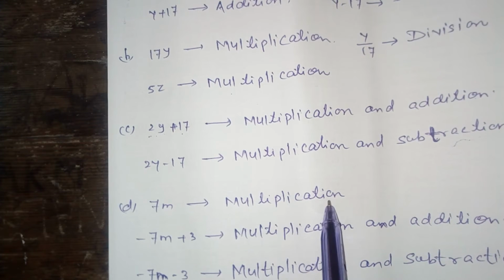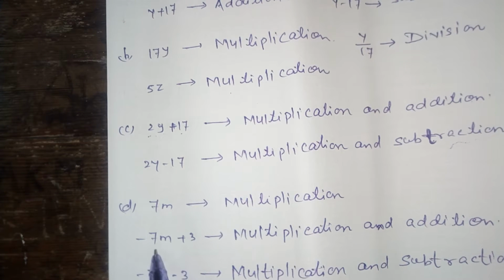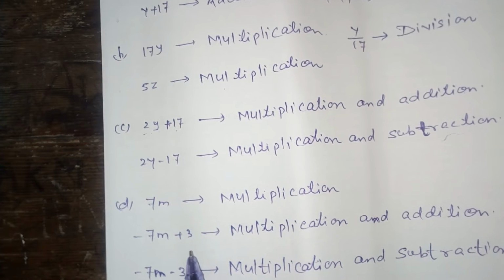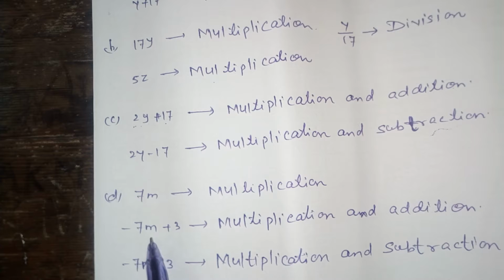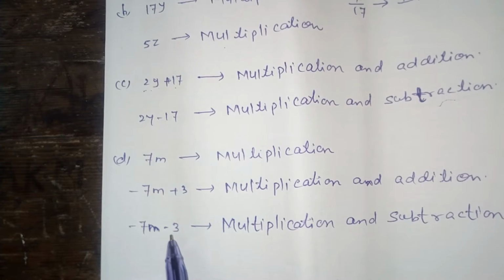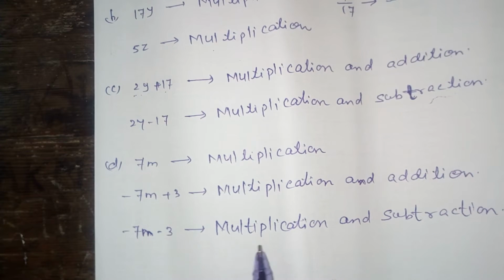Now in 7m the operation is multiplication. In minus 7m plus 3, the operation is multiplication and addition. In minus 7m minus 3 the operation is multiplication and subtraction.